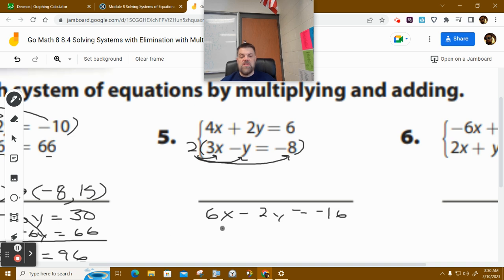Write the first equation down exactly how it is. Plus 2y, bless you. Equals 6. And then I just add them up vertically. So this becomes 10x. These cancel, equal to negative 10.